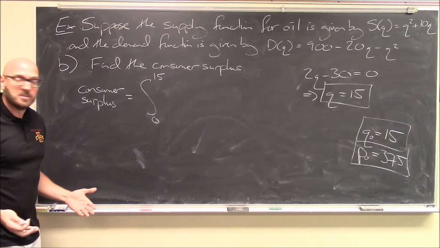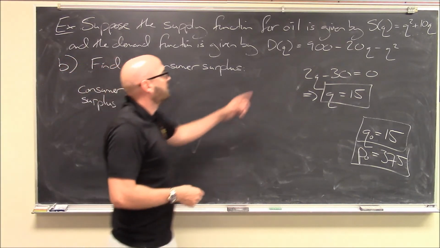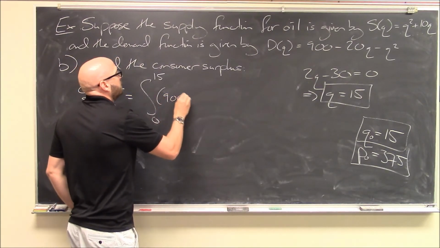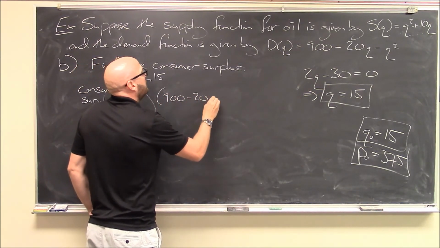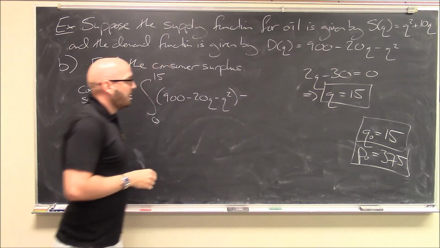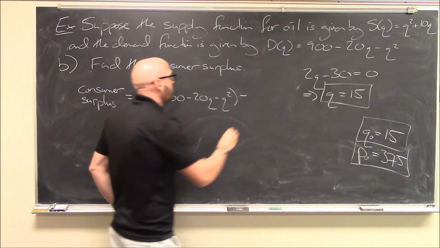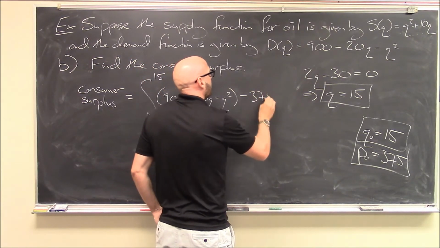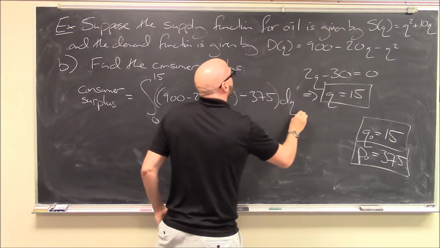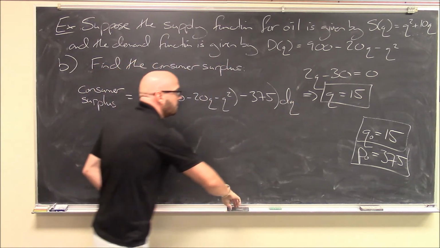Of the demand function minus the price. So demand function, 900 minus 20q minus q squared, minus the equilibrium price, minus 375, dq.